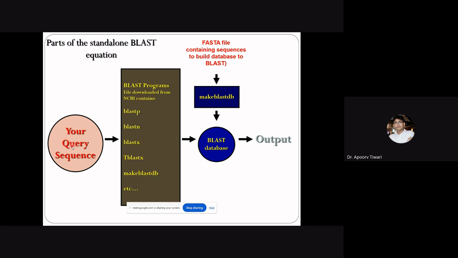You can input your query and select the appropriate program to run, and after that you can select the database which you have designed. In this way you can take a FASTA file, create your own database, use this database and align the query sequence using the appropriate program. Then you can find the output.